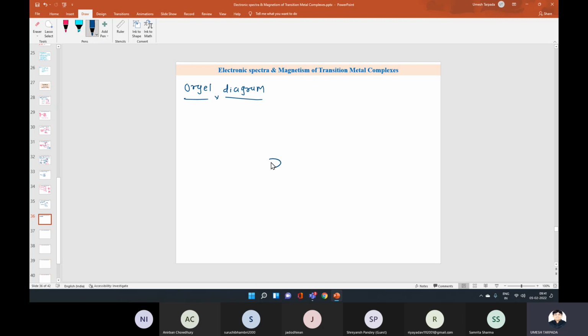You see, this is the orbital diagram. Look at here. This is a D term.